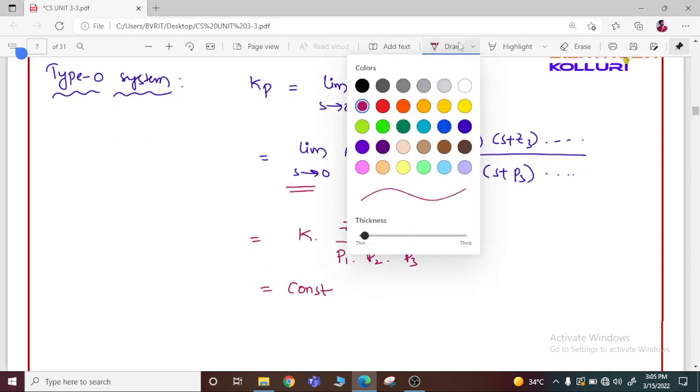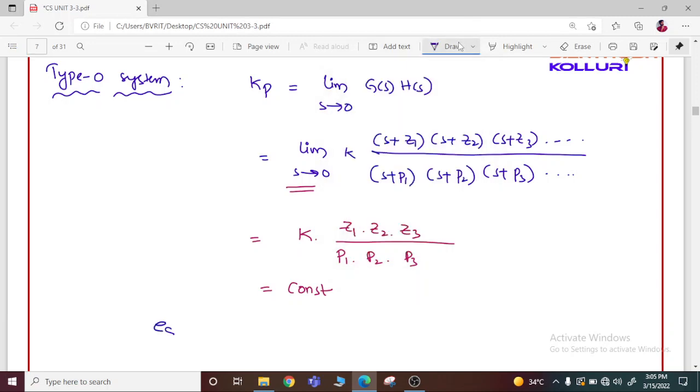Therefore the steady state error ESS can be written as 1 by 1 plus Kp, where Kp is a constant, so 1 by 1 plus a constant is nothing but a constant.